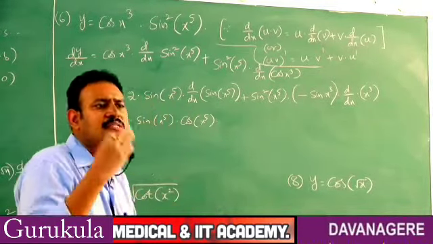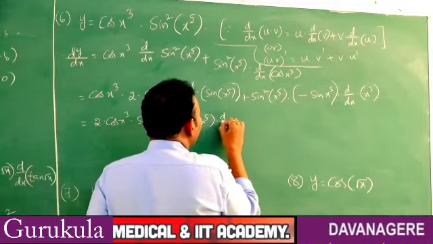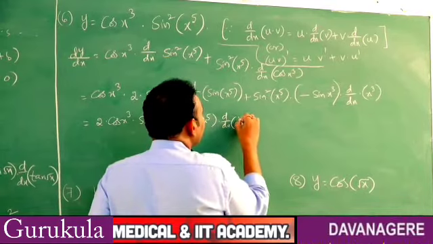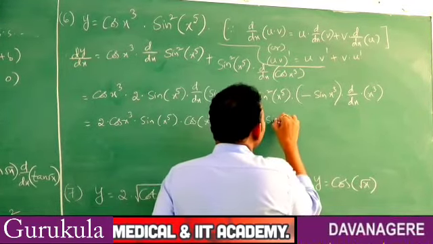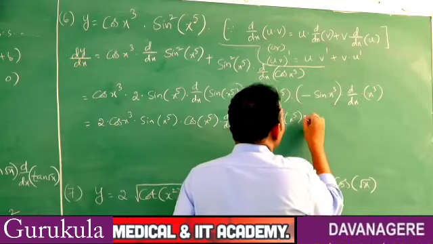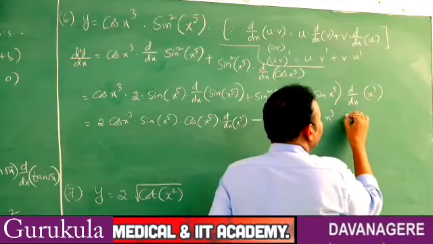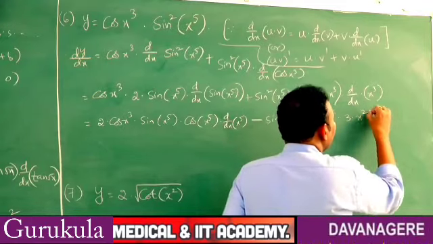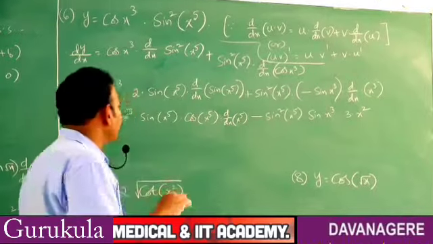Derivative of sine x is cos x into x power 5, derivative d by dx of x power 5, minus sine square x power 5 sine x cube, derivative of x cube is 3x square.